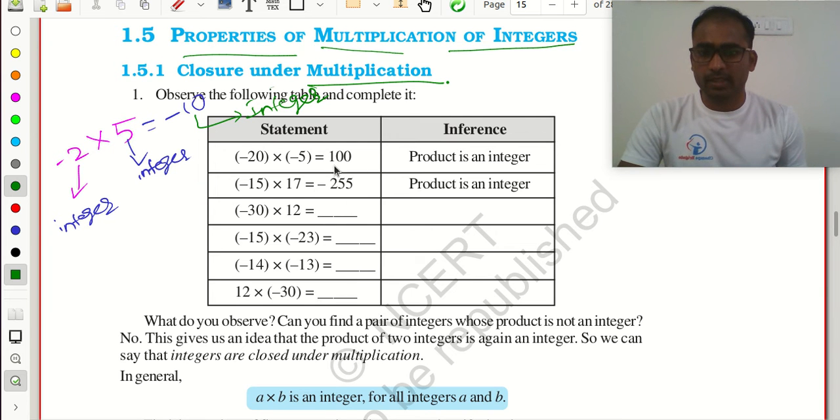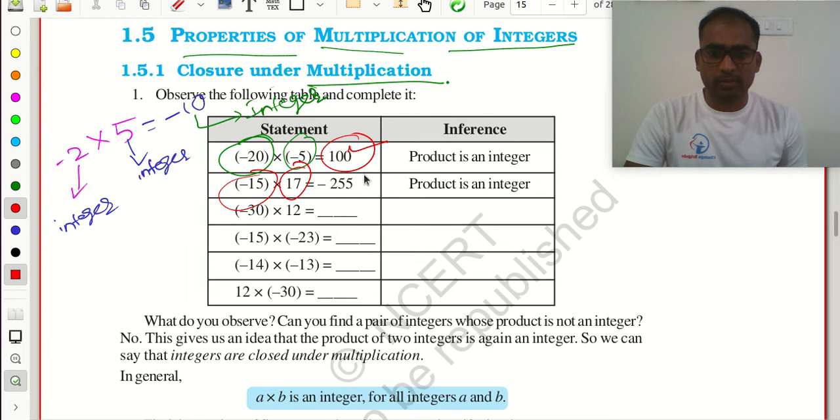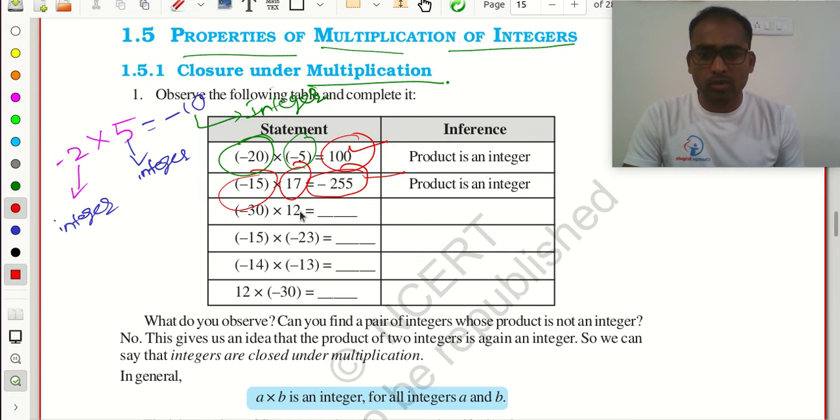So see here in this table, minus 20 is an integer, minus 5 is another integer. I am multiplying these two. I am getting the answer as 100. 100 is also an integer only, na? Yes. Here minus 15 is an integer, 17 is an integer, but minus 255 is also an integer. Yes, sir. See here, minus 30 into 12. How much? Minus 360.